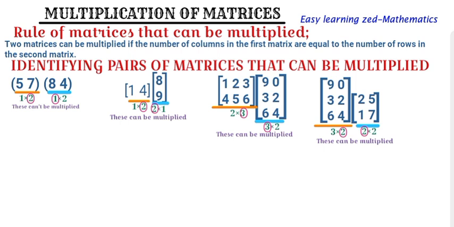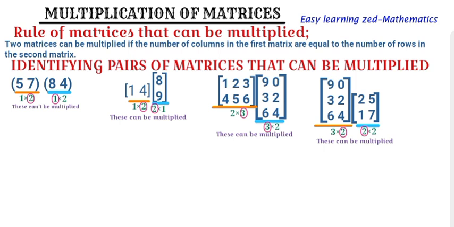Okay, now let's talk about these outer numbers we are seeing in these matrices. Let's ignore the first example because these matrices cannot be multiplied. Let's go to the second example, where the first matrix has elements 1 and 4, and the second matrix has 8 and 9.